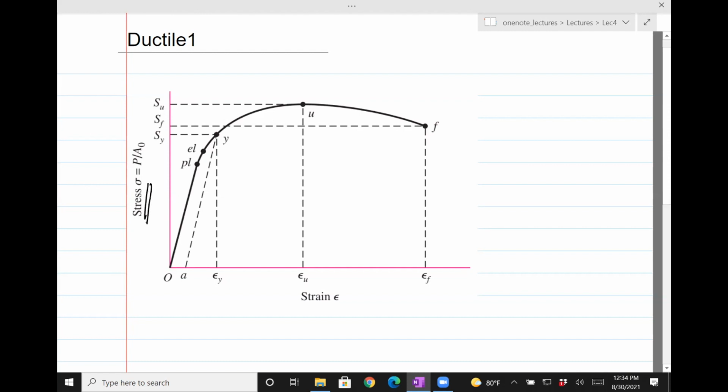The stress is increasing as you go along the y-axis. The strain is also increasing. So it starts over here, that's when L equals L0 and the strain is 0, and then you keep going. This is from the book. It puts down some points of interest, which I've shown there, PL, EL, and so on, and I'll just define them.